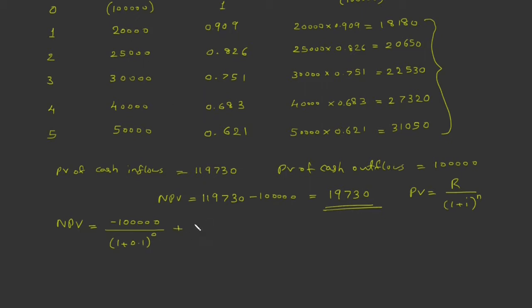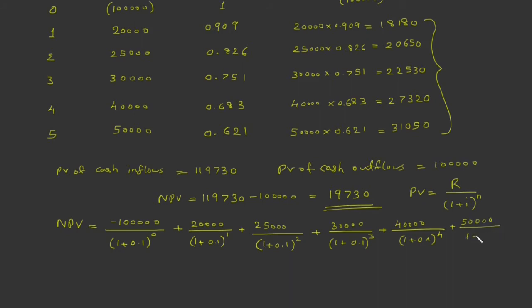Plus the second value, that is 20,000, which is cash inflow, divided by (1 plus 0.1) raised to 1, plus 25,000 divided by (1 plus 0.1) the whole square, plus 30,000 divided by (1 plus 0.1) the whole cube, plus 40,000 divided by (1 plus 0.1) raised to 4, plus 50,000 divided by (1 plus 0.1) raised to 5.